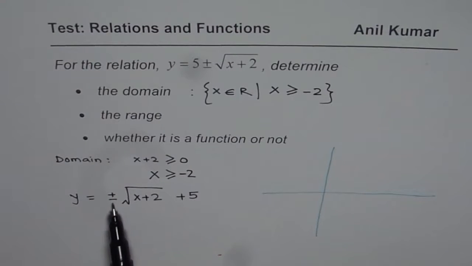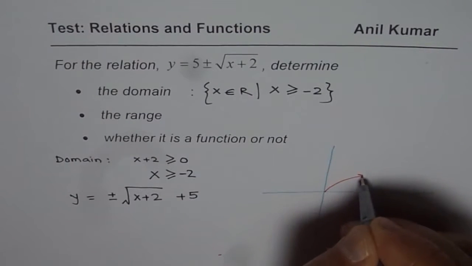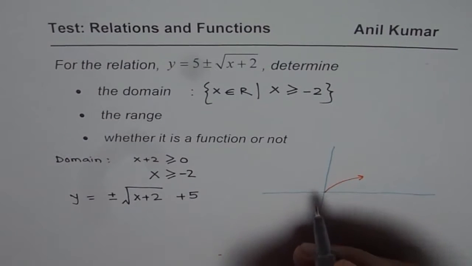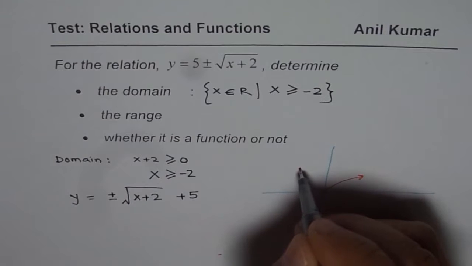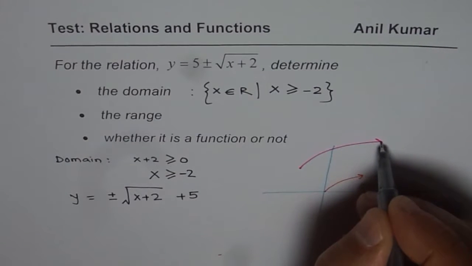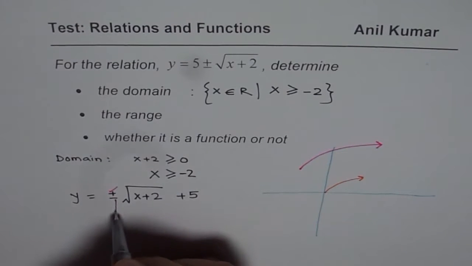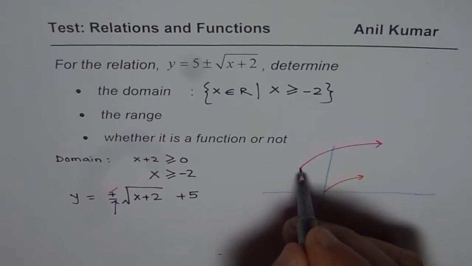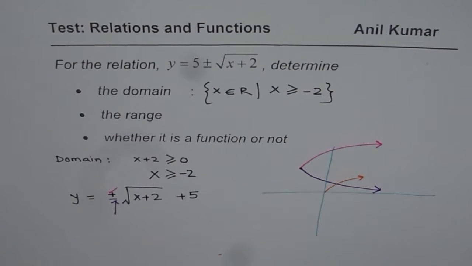And it's plus and minus. So basically the square root function, which normally looks like this, has been moved 2 units left and 5 up. It's like this. That is the top part, but it has the bottom part also, which is minus. So it is like this. Do you see that part? So that is how this particular function is.